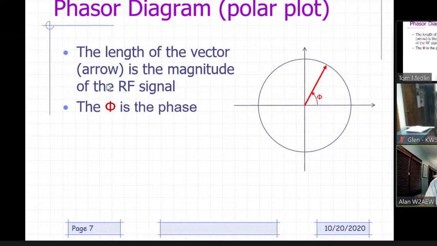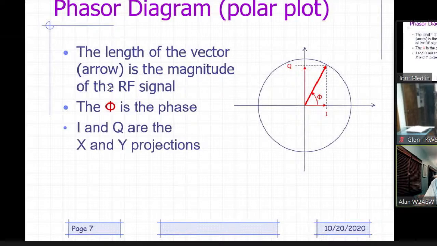If we project out the x and y coordinates of that vector, that is essentially the I and Q components of the signal. So that's where the I and Q come from. It's a way of representing amplitude and phase. The amplitude and phase of any RF signal can be described by its I and Q components, because it's just the projection of the magnitude vector onto the x and y axes.